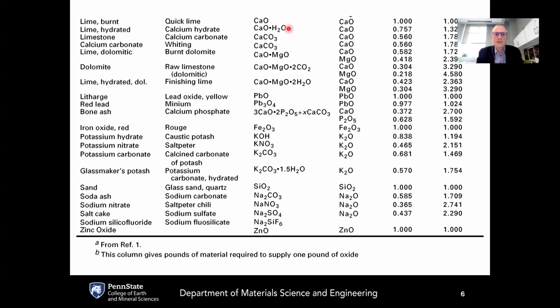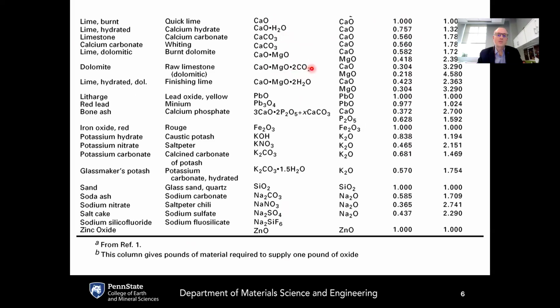When it comes to calcium oxide, there is quicklime, which is calcium oxide. That's just a batch factor of 1. You can also have calcium hydrate, which loses a water molecule. But what is most commonly used for batching calcium is calcium carbonate, which loses CO2 and gives you this batch factor of 0.56. You can also get both calcium and magnesium from dolomite.